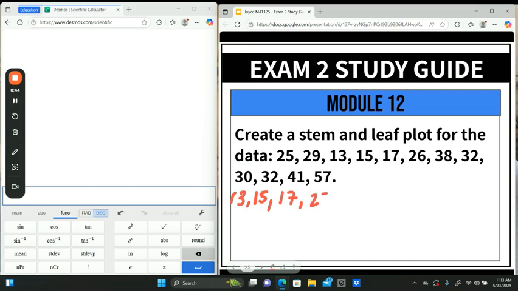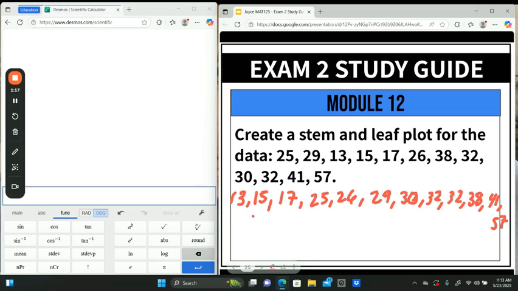So 25, 26, 29, 30, and then 2 32s, 38, 41, and 57. Okay, so for a stem and leaf plot, all you're doing is you're taking the first digit of all of the numbers.